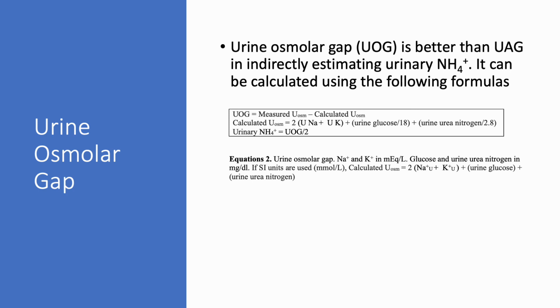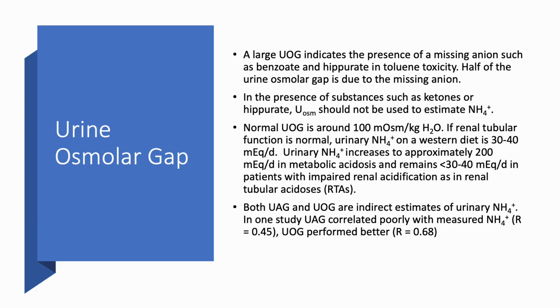And the urine osmolar gap will be measured urine osmolality minus calculated osmolality, and about half of that will be ammonium. Again, we're doing this whole game because we cannot measure ammonium directly. If we can measure it, we don't need any of that. A large urine osmolar gap can be a clue to a missing anion, such as benzoate and hippurate, like in toluene toxicity.